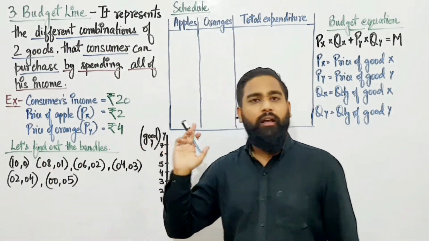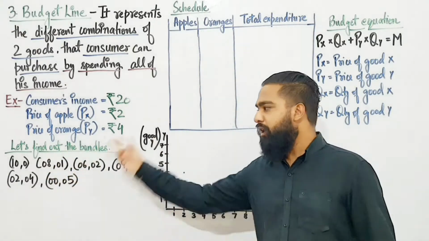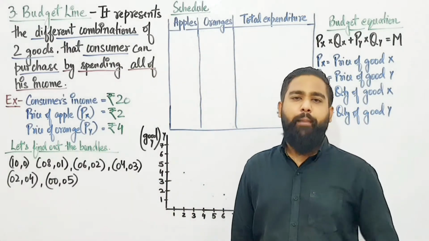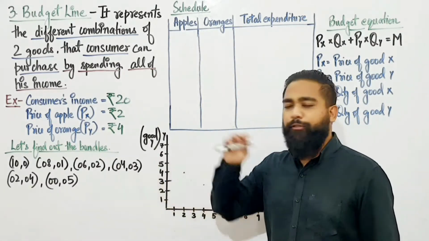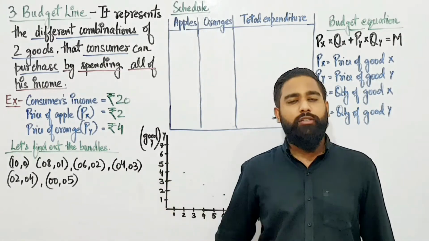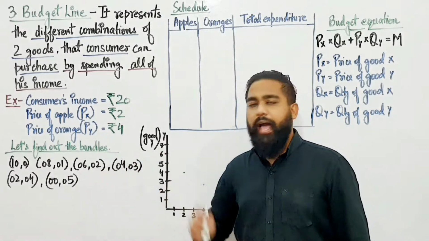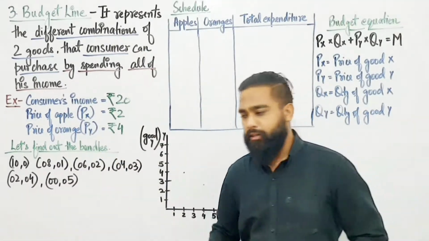Again, I have spent my 20 rupees. Again, I can have 6 apples and 2 oranges. Or I can have 4 apples and 3 oranges. Or 2 apples, 4 oranges. And I can buy only oranges, 5 oranges and no apples.